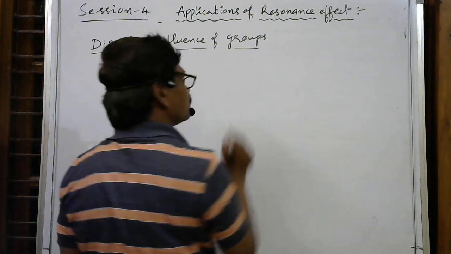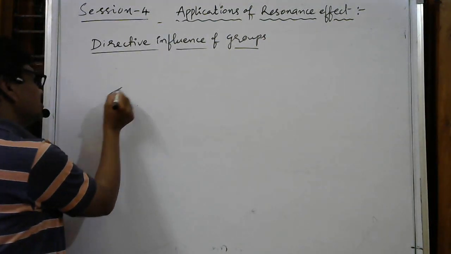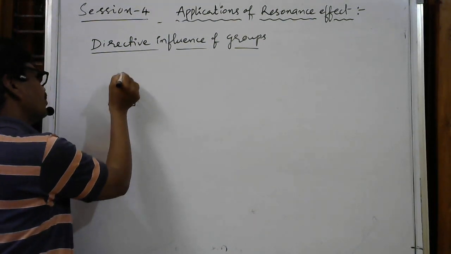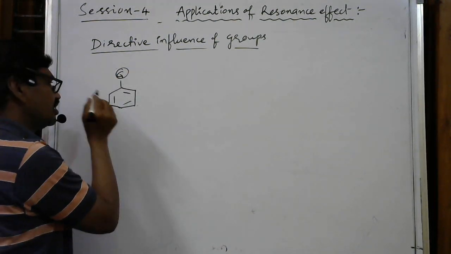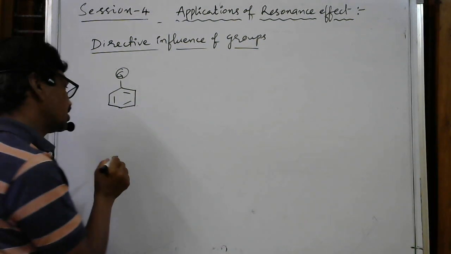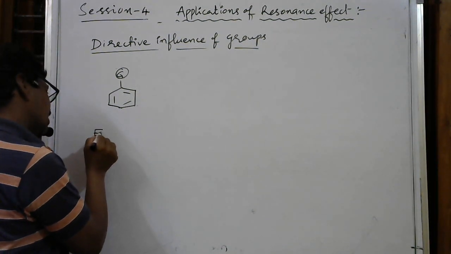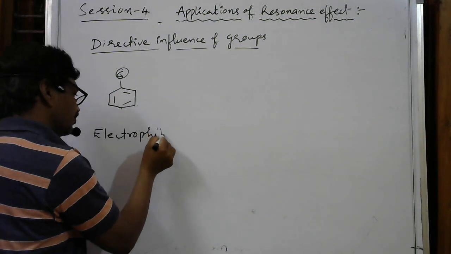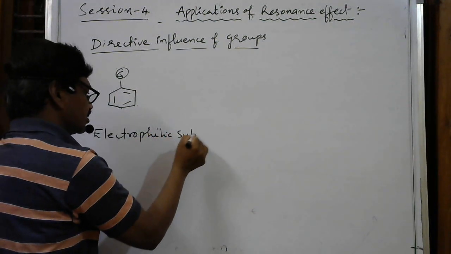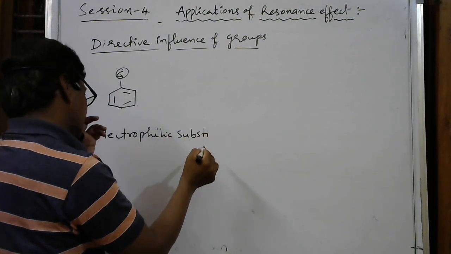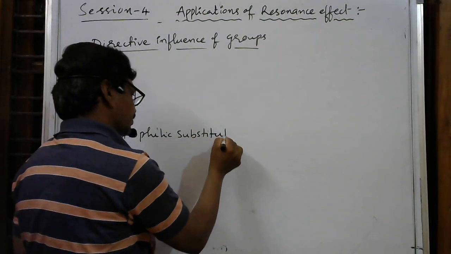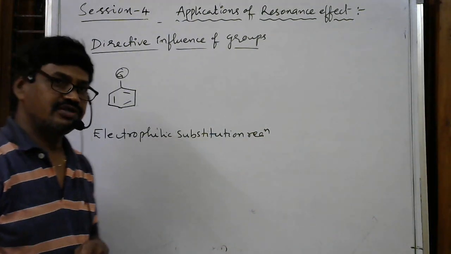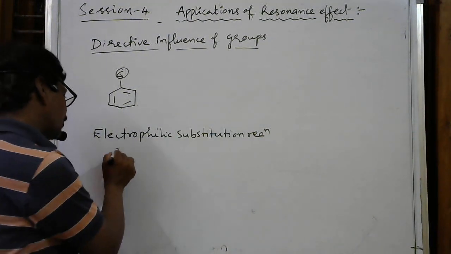Directive influence of the groups means if on benzene ring, one group is already present. Generally in benzene ring related compounds, the characteristic reactions are electrophilic substitution reactions. So here electrophile attack.